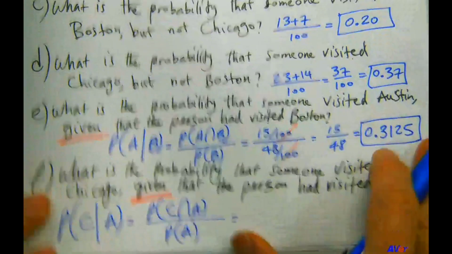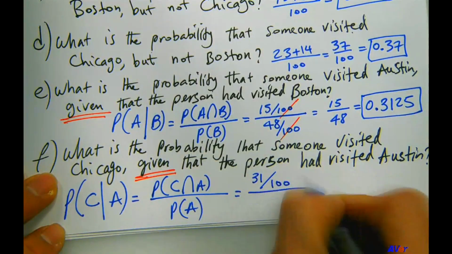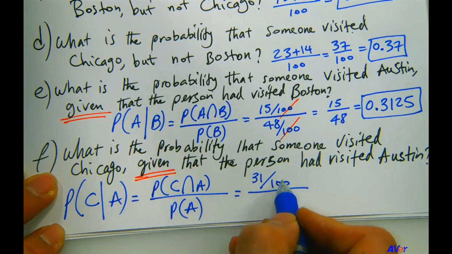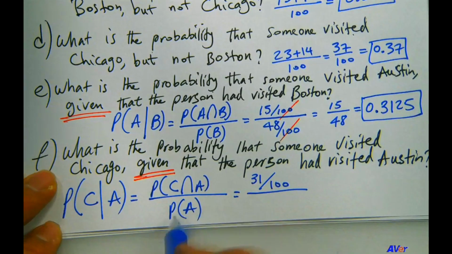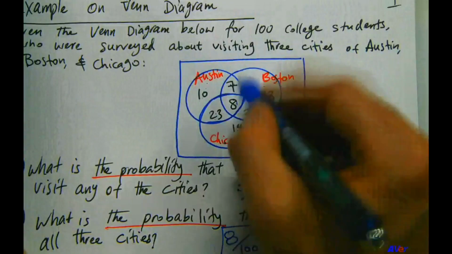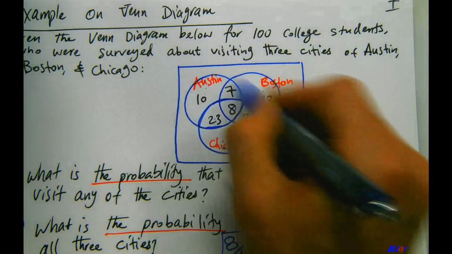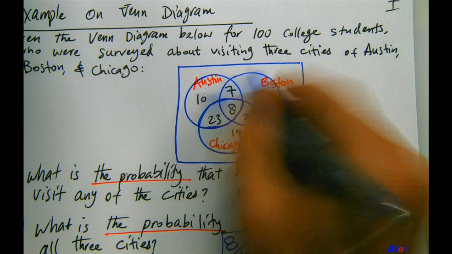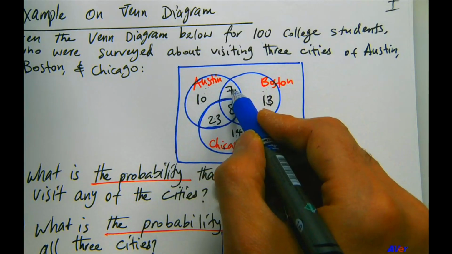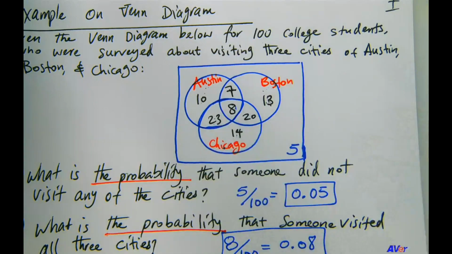So 31 divided by 100, because they're asking for probability, divided by the probability of all those who visited Austin. All those who visited Austin are all these people in every category: 10 plus 7, 17, plus 8 is 25, plus 23 is 48.